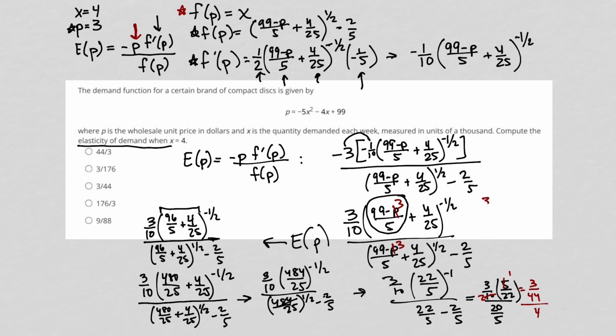So let's just do that horizontally. 3 over 44 divided by 4, let's call it 4 over 1, is the same as 3 over 44 times 1 over 4, which is equal to 3 over 176. And there's our answer, 3 over 176.